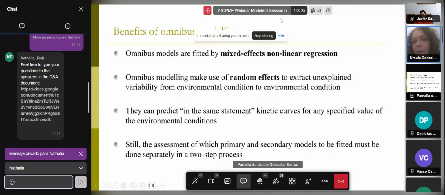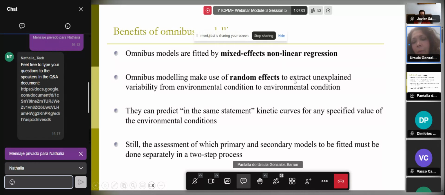All the omnibus models are fitted with mixed effects nonlinear regression. You can use mixed effects linear regression, but if you have sigmoid curves, then you'll have to do it through mixed effects nonlinear regression. Always you will have to give information on how the random effects are going to be understood, because it will depend on how you conduct the experiment or what you want to obtain.